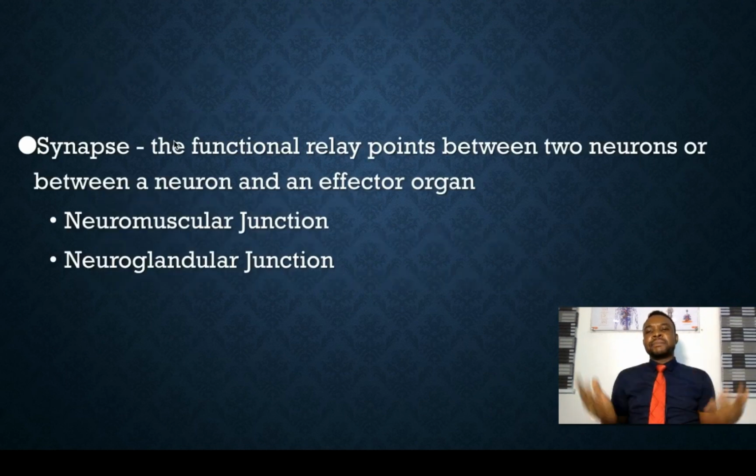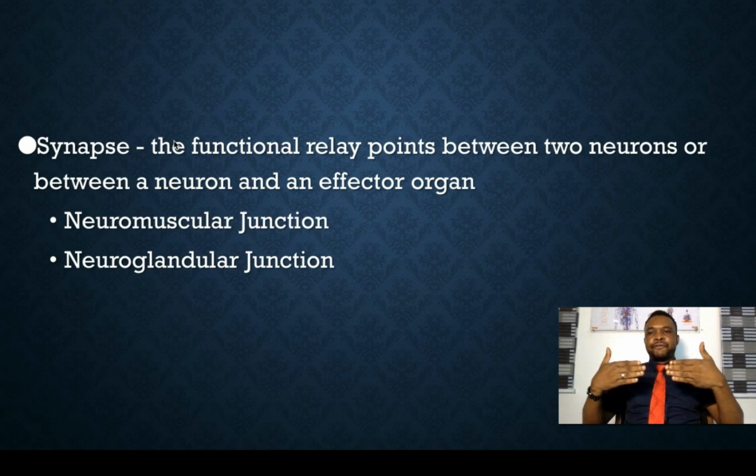Now, between these multiple millions of neurons that are found in the nervous system, when neurons come together, they form what we call a synapse. The synapse is the functional relay point between two neurons or between neurons and an effector organ.